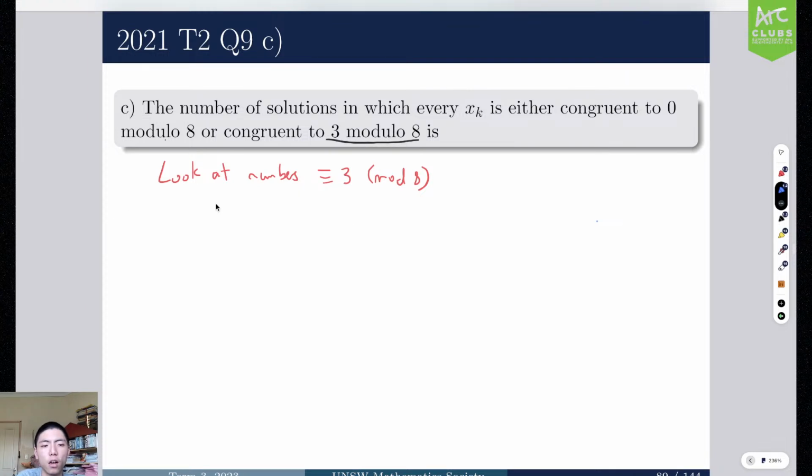If we have 105 as our total of the 15, then we know that 3 mod 8 is going to be the ones that have the extra remainder of 3, right?